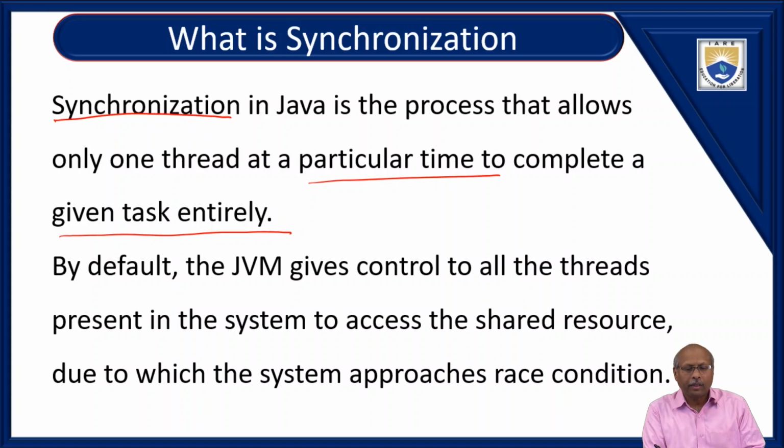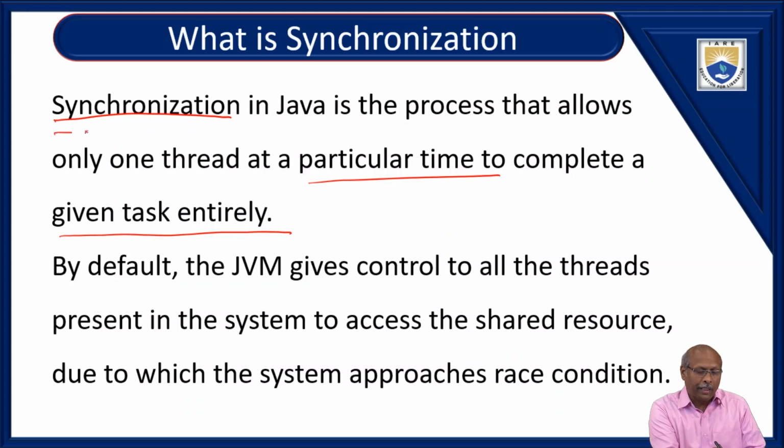In a program, there may be multiple threads. If all threads want to execute a set of statements in a sequential pattern, then other threads have to wait until one thread finishes. So to make this process systematic, you have to go for synchronization.